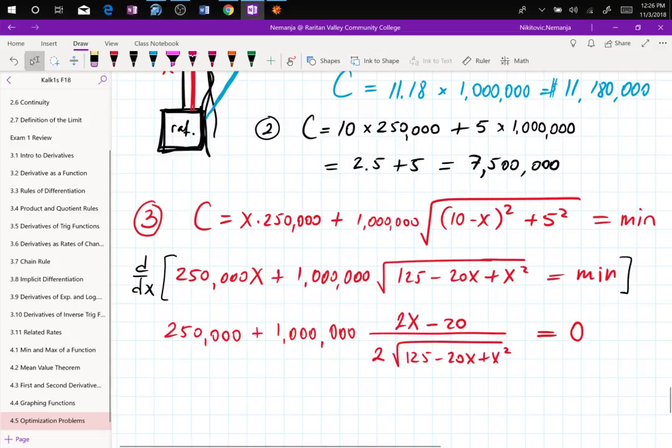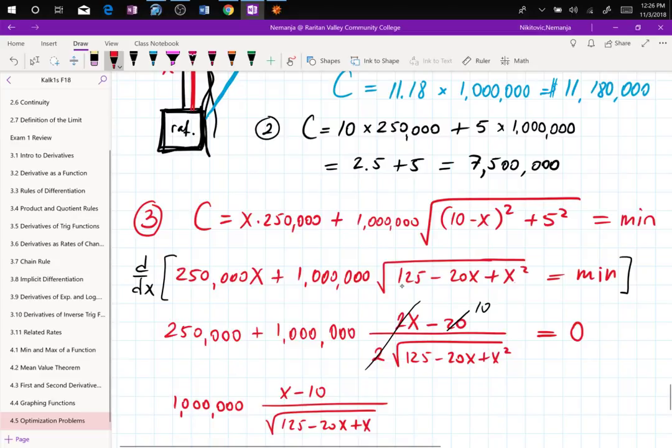Now the beautiful thing over here is that these 2 will cancel, and we get a 10 over there. And now I have to solve this equation. 1 million times x minus 10 over the square root of 125 minus 20x plus x squared is equal to negative 250,000.